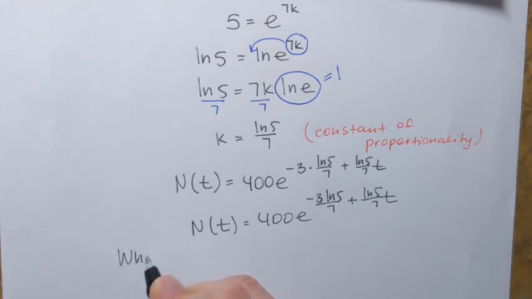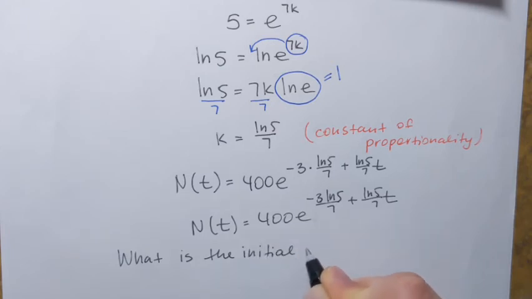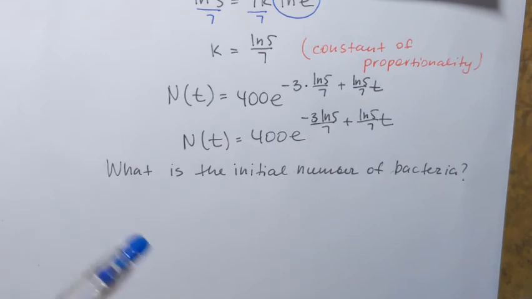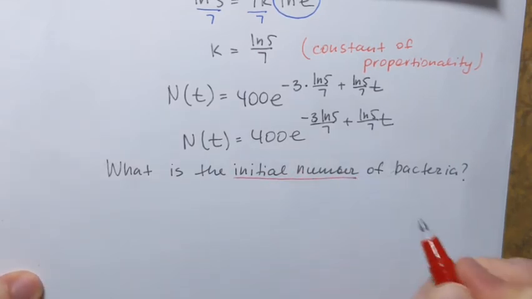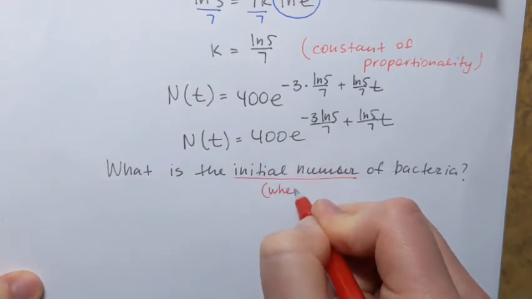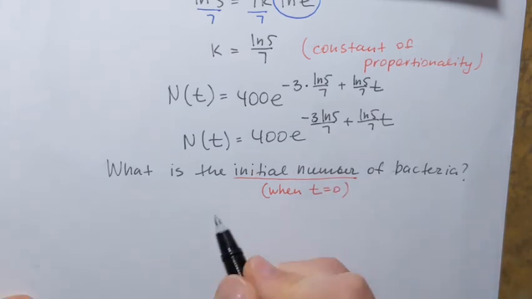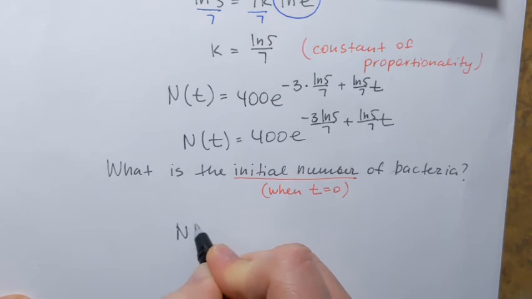The initial number of bacteria means that t equals 0. So to answer this question, I'll just need to find n of 0.